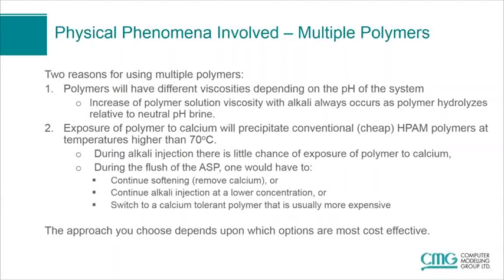But after the alkali, during the flush of the ASP, one would have to do one of the following: either continue softening, in other words, removing the calcium, or continue alkali injection at a lower concentration, or switch to a calcium tolerant polymer that's usually more expensive. So whatever approach you choose, of course, will depend on which is most cost effective.